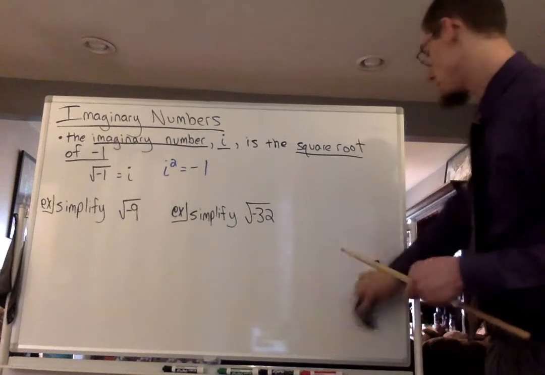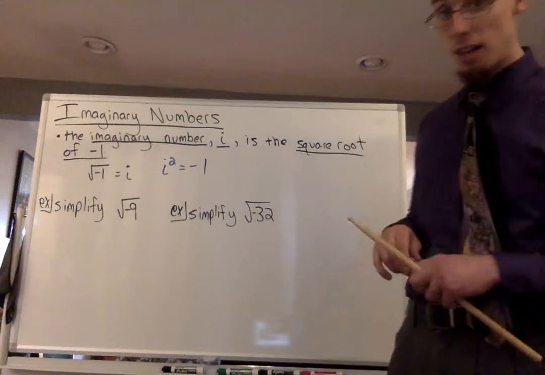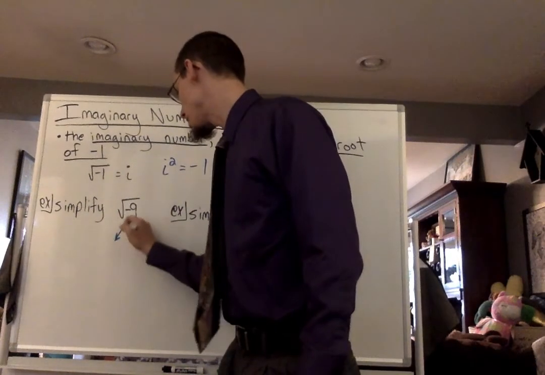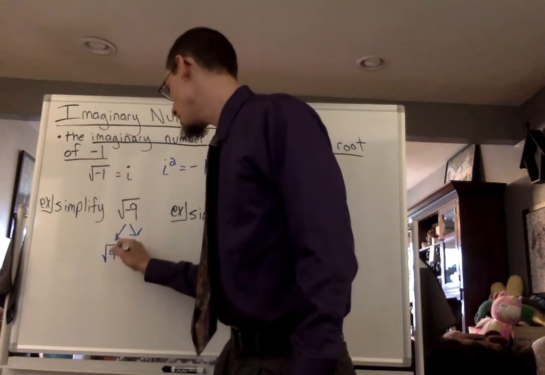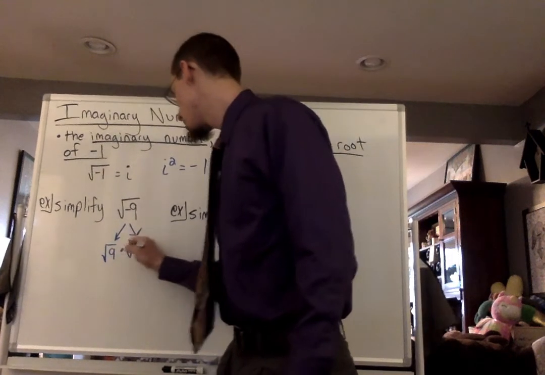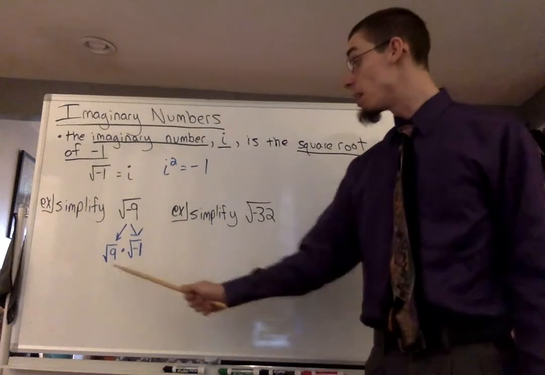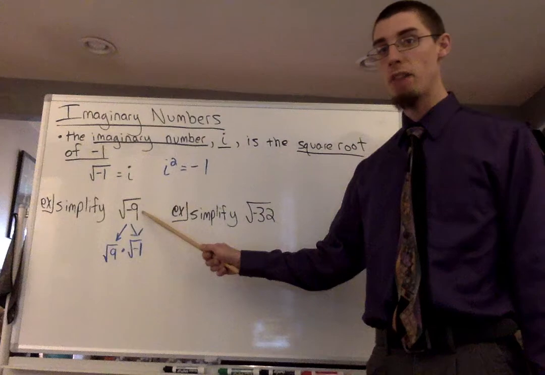Well, with the square root of -9, I can split that up as the square root of 9 times the square root of -1, because 9 times -1 is -9.